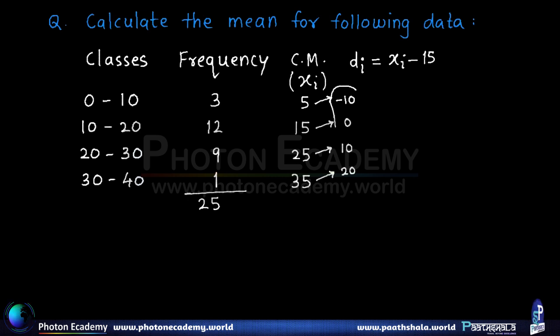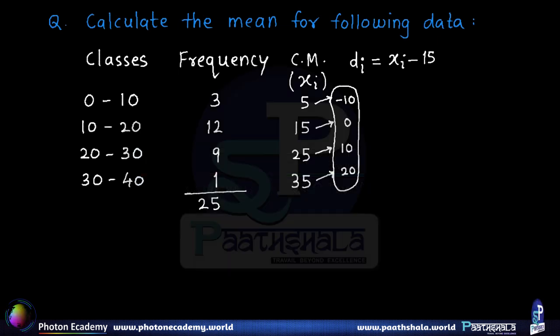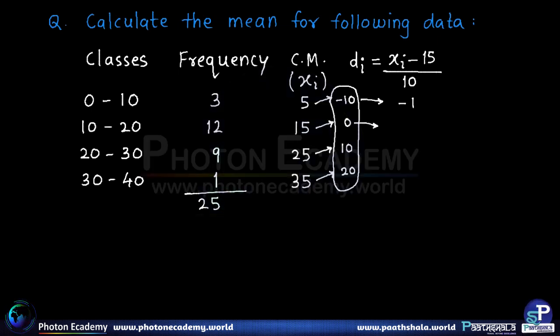You see, the results of these subtractions are all multiples of 10, so we decide to divide each by 10. Minus 10 divided by 10 gives us minus 1, then 0 divided by 10 gives us 0, then 1, and finally 2. So you see, these numbers are so small that we can easily work on their calculations.